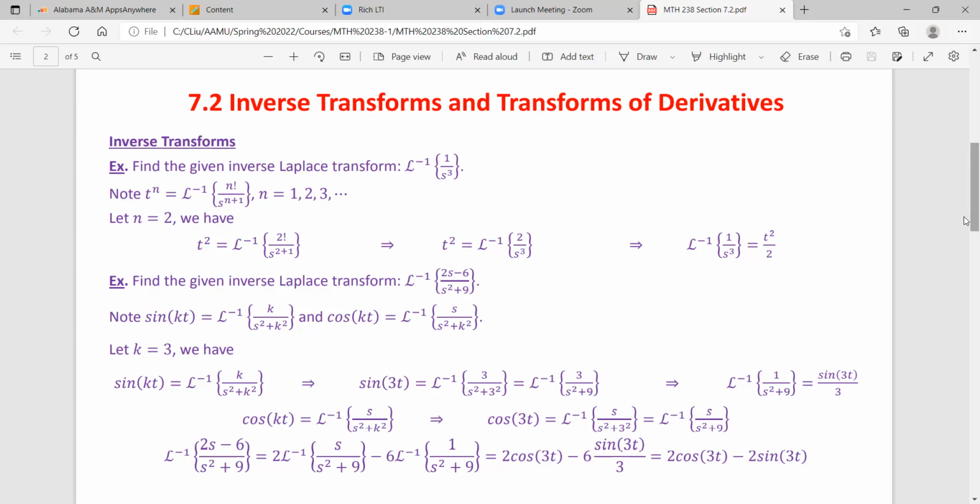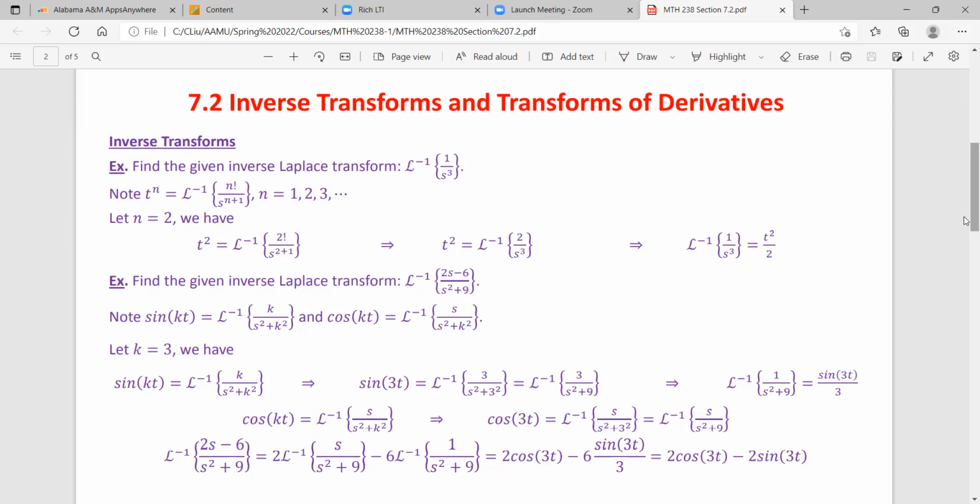So plug in 3 for the formulas. We got sine 3t equals inverse Laplace transform of 3 over s squared plus 3 squared. So that's 3 over s squared plus 9 inside. And then again, you just divide by 3 on both sides, you get the inverse Laplace transform of 1 over s squared plus 9 equals sine 3t over 3.